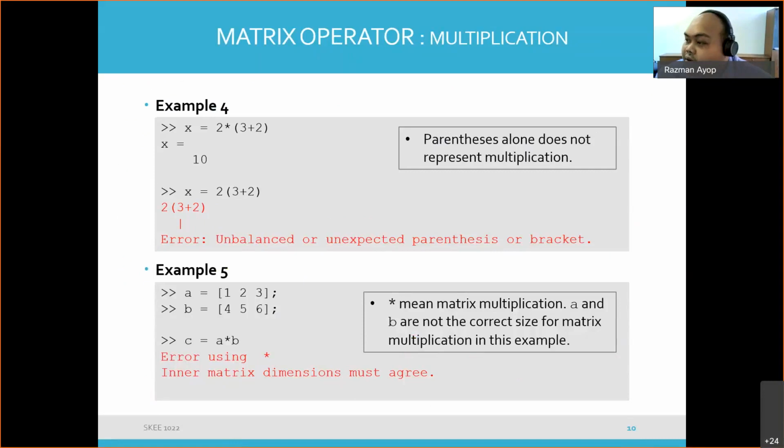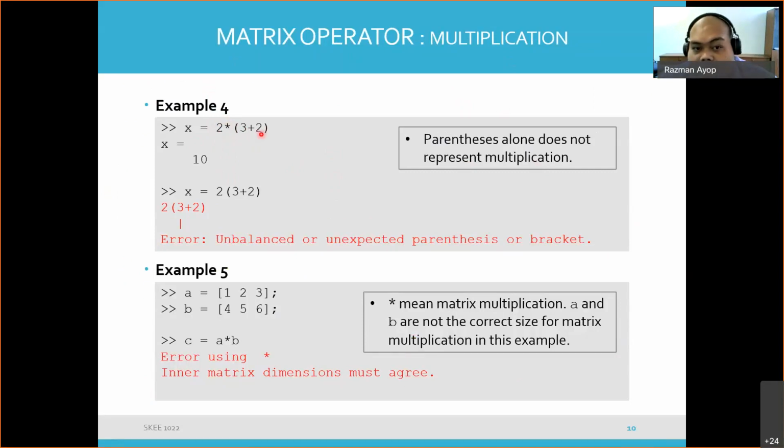How about example 4? For multiplication, this is just a scalar, meaning one number, so it is much easier. Sorry, this one is not matrix, this is just a multiplication. When it comes to multiplication, you use the star button, shift and 8.